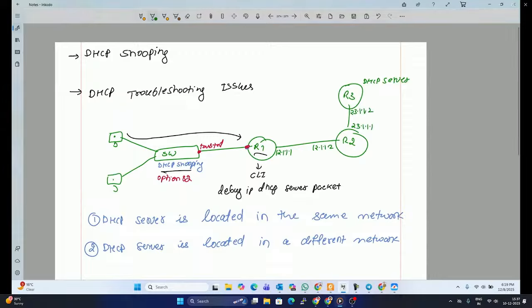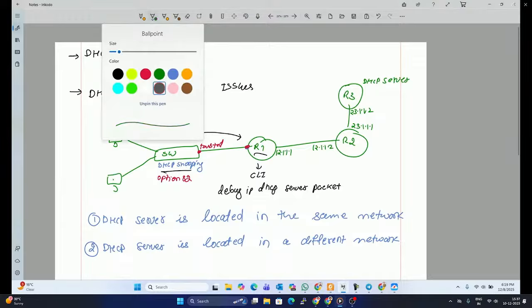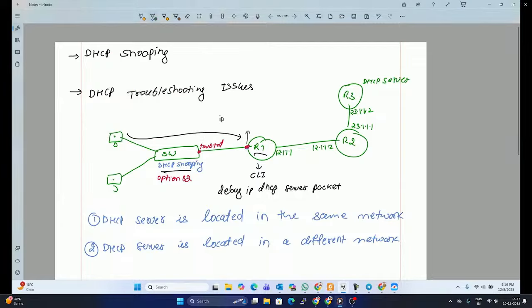So in this case on R1 we'll go to the LAN side interface, this interface, and we'll run a command ip helper-address 23.1.1.2. ip helper-address 23.1.1.2.